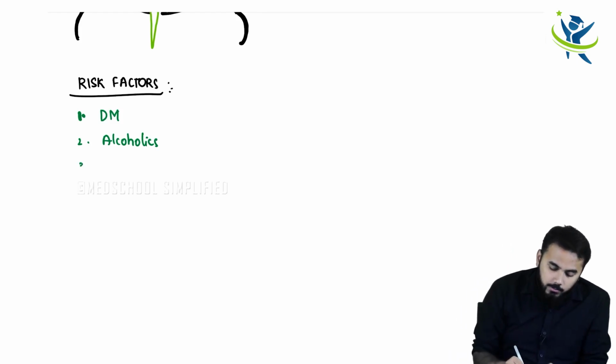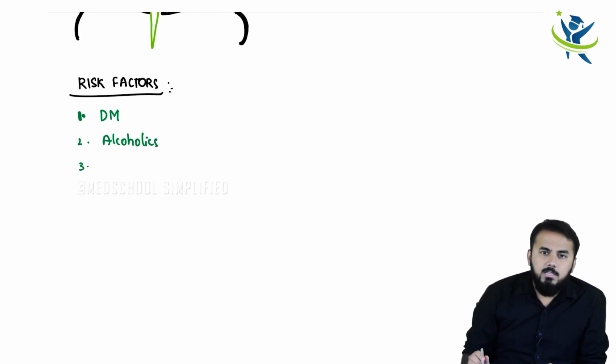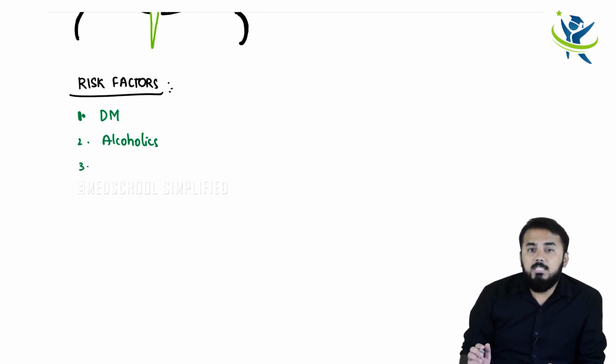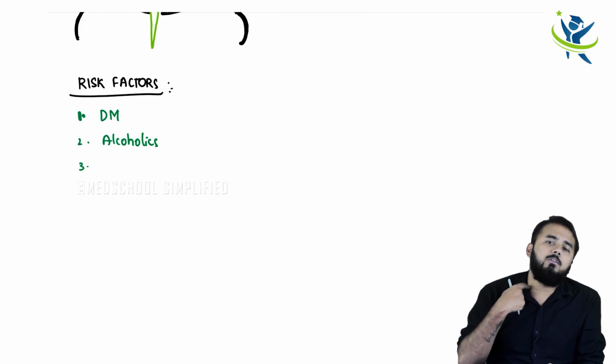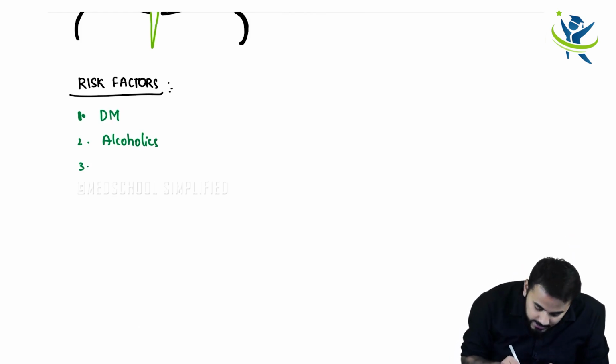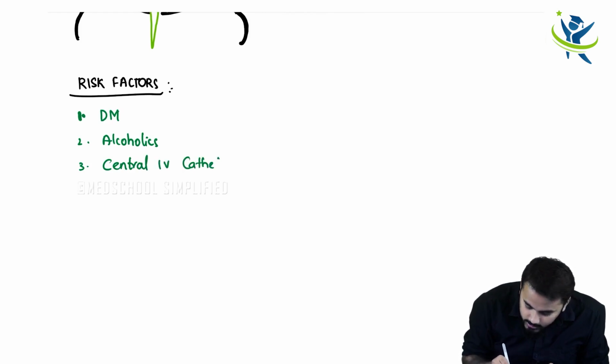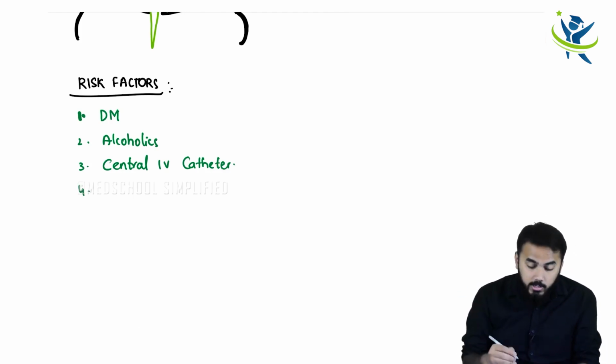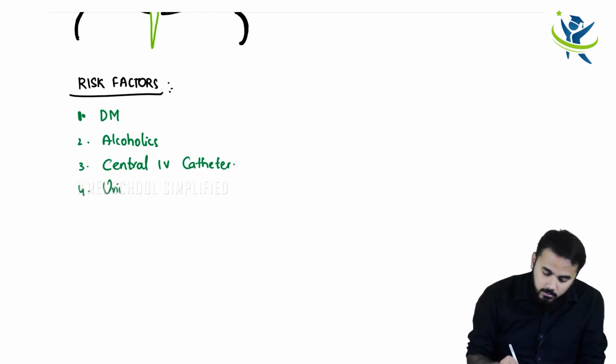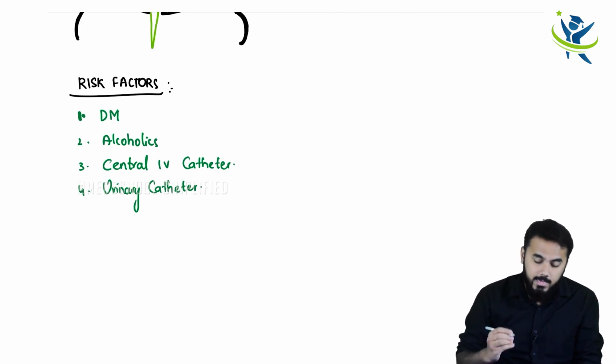Third important thing is, for those patients where you put a central line, an IV line to the neck here, so you put a central IV catheter. Not only central IV catheter, whenever you put a Foley's catheter, that is a urinary catheter, patients with urinary catheter are at higher risk.